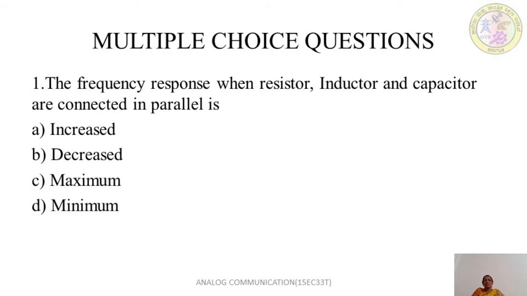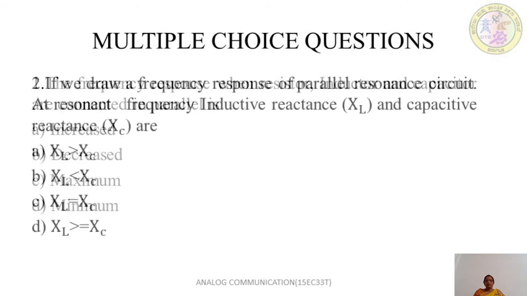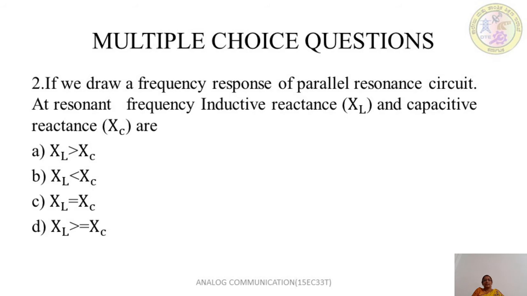Answer is D. At resonant frequency, inductive reactance XL and capacitive reactance XC are: XL greater than XC, XL less than XC, XL equal to XC, XL greater than or equal to XC.